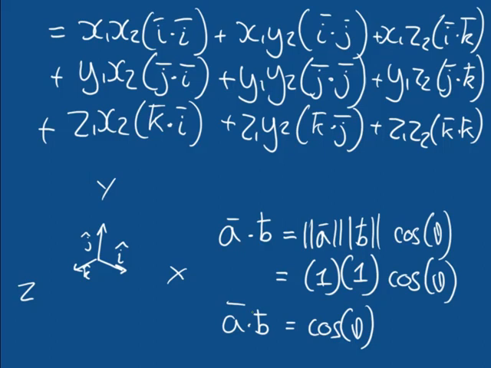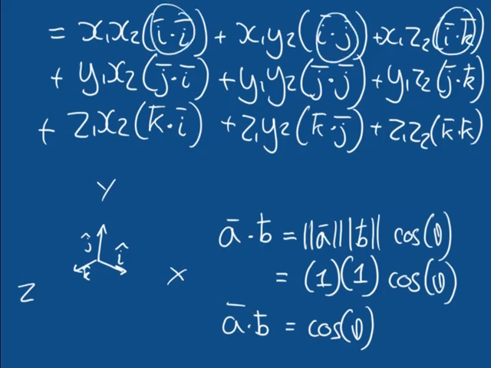Now, of the different combinations of i, j, and k we have here, we'll notice we have i dotted with i, i dotted with j, i dotted with k, and all the other various combinations. There are actually two different types of combinations we might have. We either have a combination where we're dotting one of these Cartesian vectors with itself.